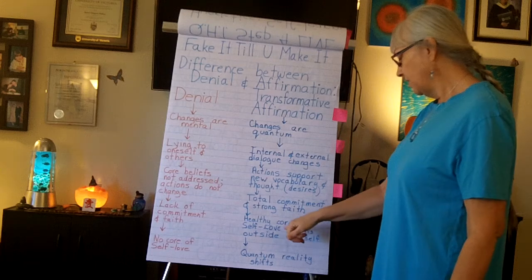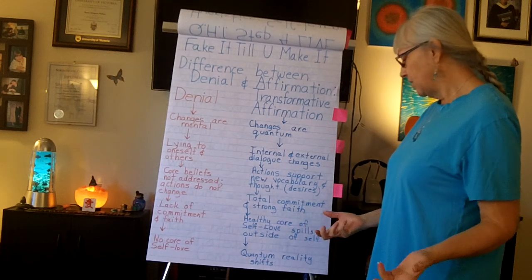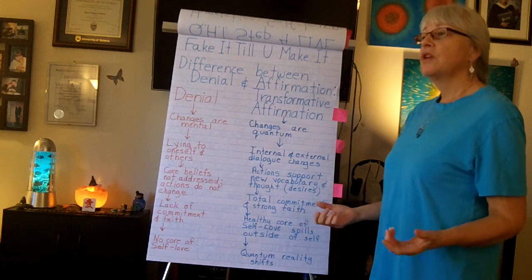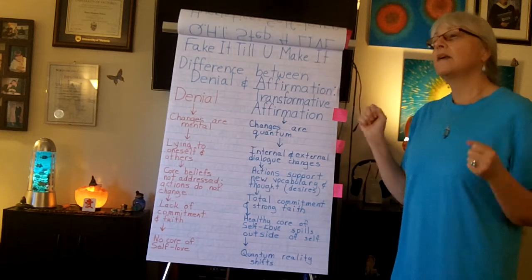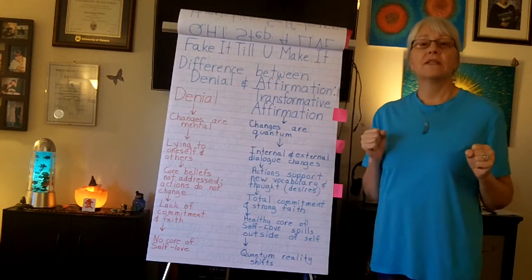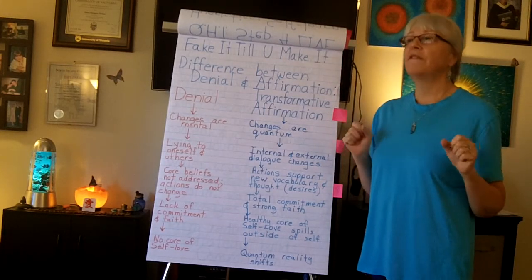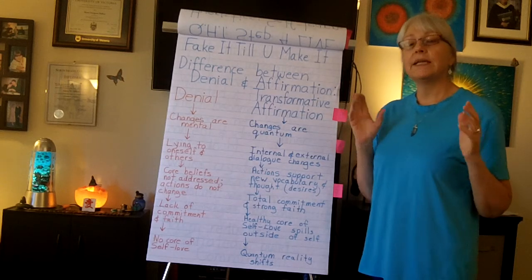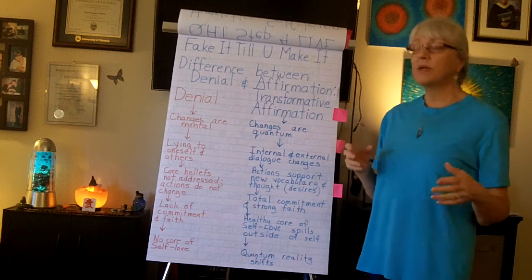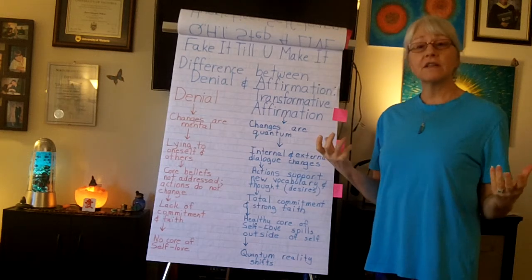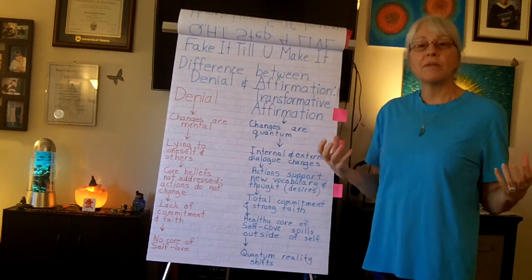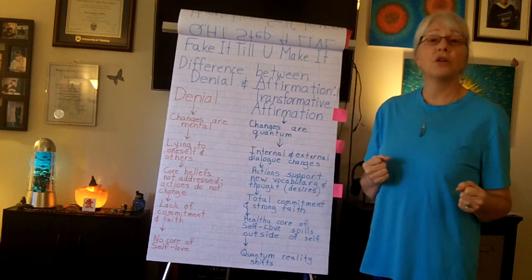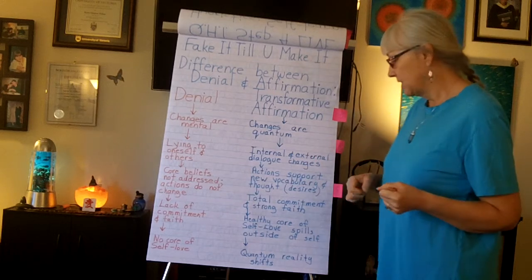There's a healthy core of self-love, and it spills outside of yourself. So as we build confidence, and how do we build confidence? We build confidence by giving ourselves small, easy to attain goals. And every time we attain a goal, wow, our confidence comes up. And as our confidence comes up, the more sure we are that we're going to get the end result that we're desiring.